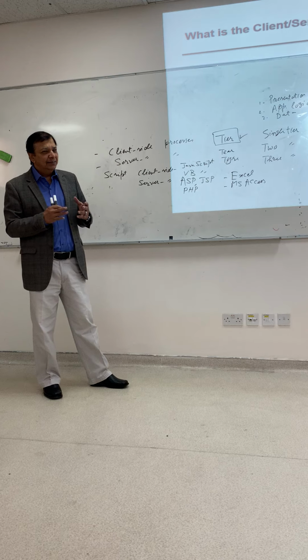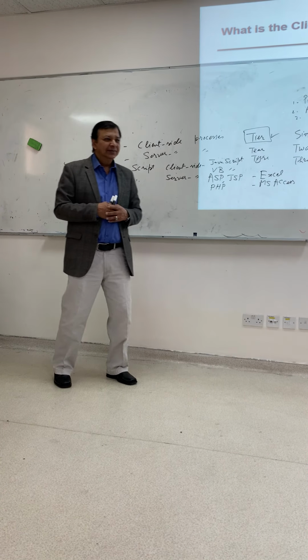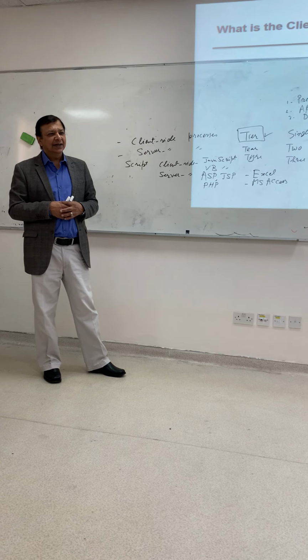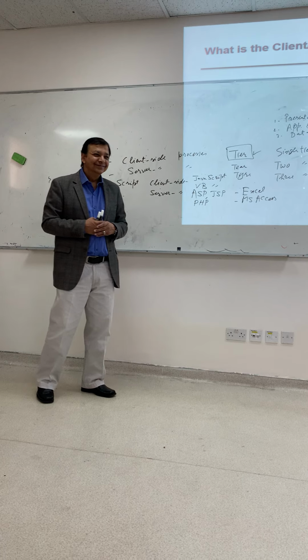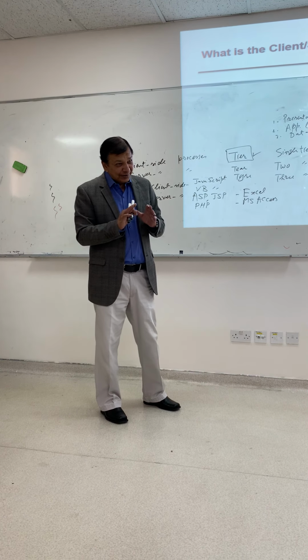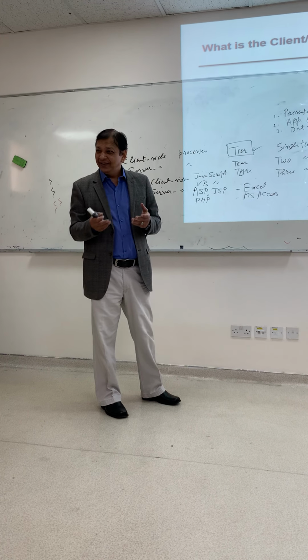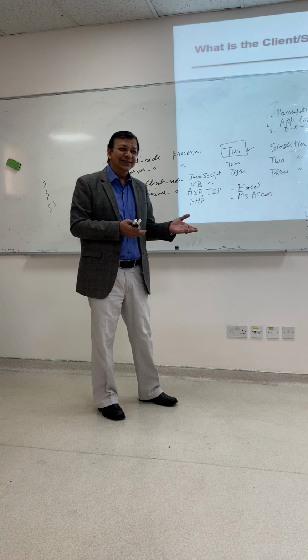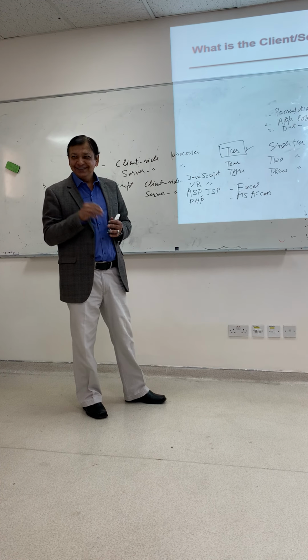Now there are some problems. What are the problems of this architecture? Or is there no problem? Perfect? No. If it is perfect, there is no need for 2-tier, 3-tier, multiple tier, n-tier. That means there are some problems.